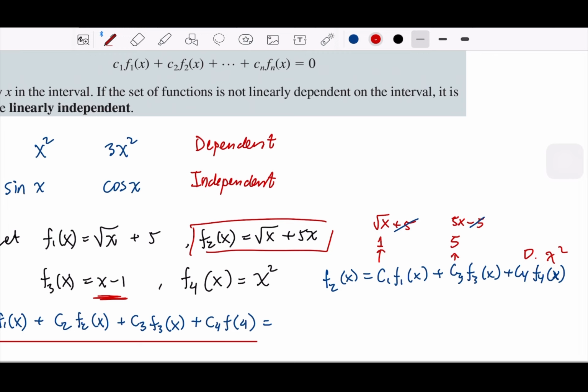So instead of adding everything and letting it become 0, we can also rearrange the functions, and maybe one of them will be the result of the combination.